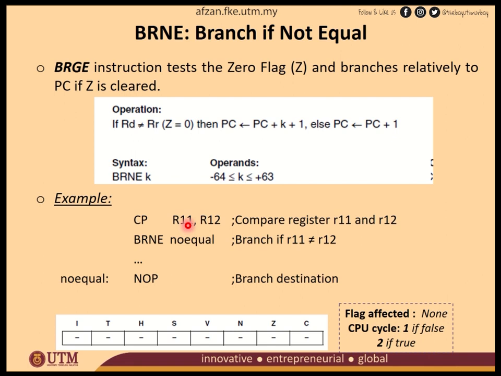If register 11 is not equal to register 12, for example R11 is 5 and R12 is 7, both numbers are not equal, so Z equals 0. Then you know that both numbers are not equal and it will branch to here. If both numbers are equal, you need to do the following instruction.